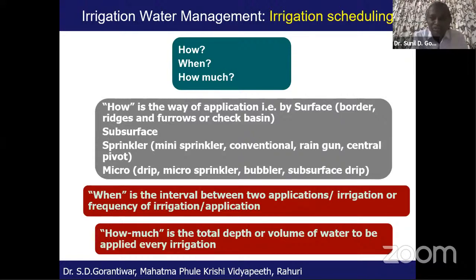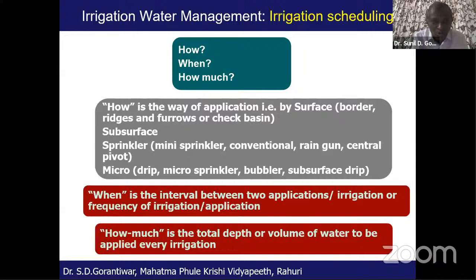And when we do irrigation scheduling efficiently, then many of the problems related to water management will be solved. For example, if we irrigate properly, then maybe we'll save water. At the same time, we'll prevent much of our land from deteriorating from waterlogging and so on. But the emphasis is that we have to have proper irrigation scheduling, which means we should irrigate properly by answering the questions how to irrigate, when to irrigate, and how much to irrigate.